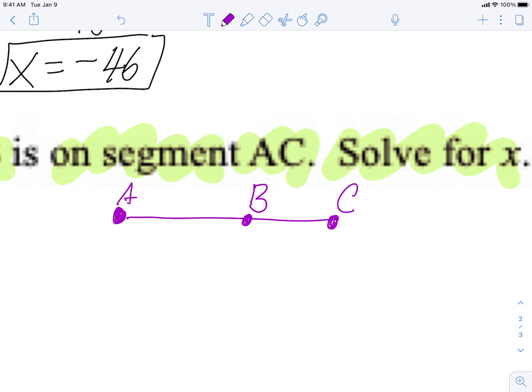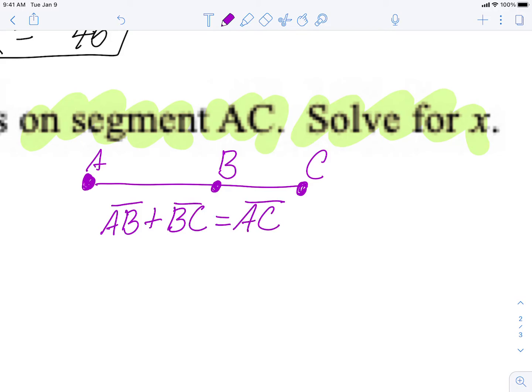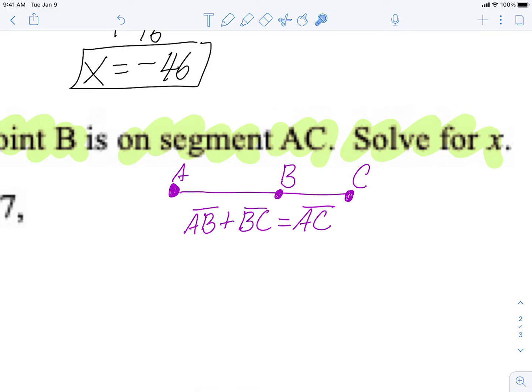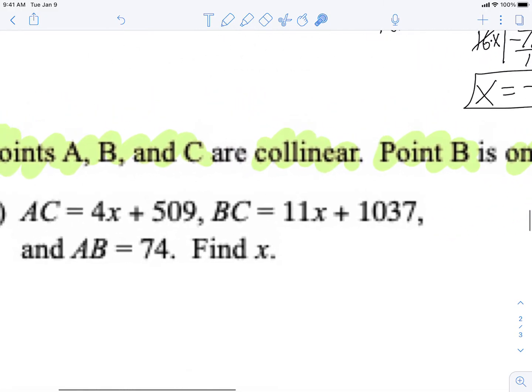Look at that. So I know that my setup is short AB plus short BC is equal to long AC. Just like that. So now let's substitute. AB. How much is AB? Let's see what it says here.